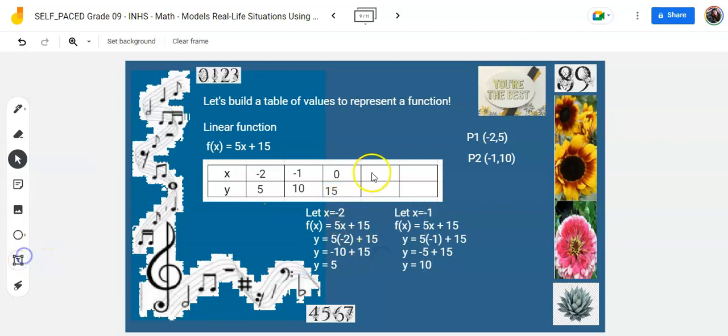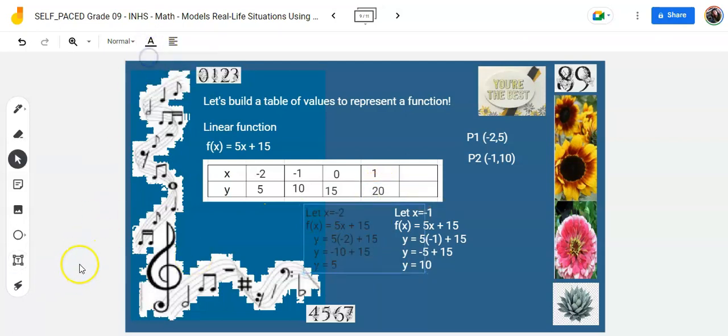And then if the value of x is 1, then ang value of y is 20. Okay? And then, if the value of x is 2, the value of y is 25. Okay, so have fun discovering. Do substitution and PEMDAS.